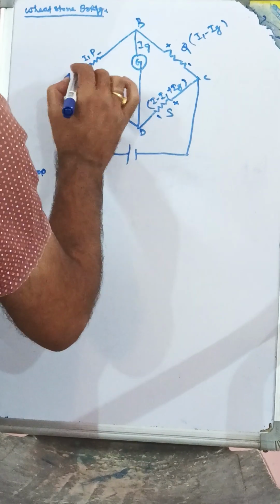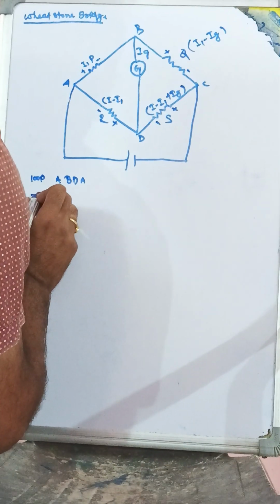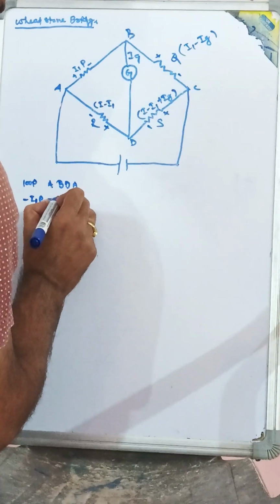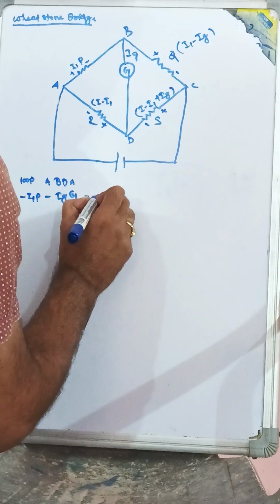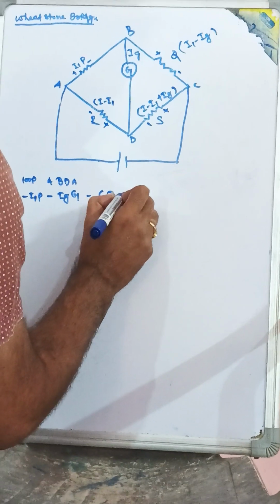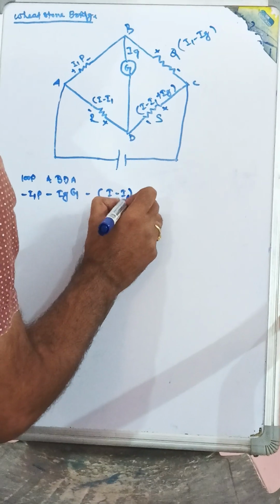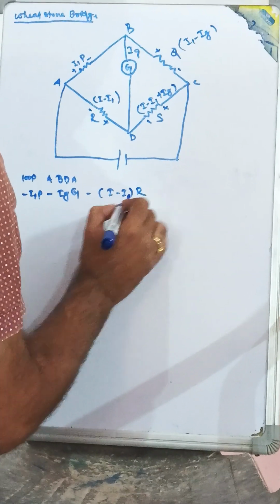Okay, ABDA: minus I1 P minus Ig G, okay, minus (I minus I1) R.